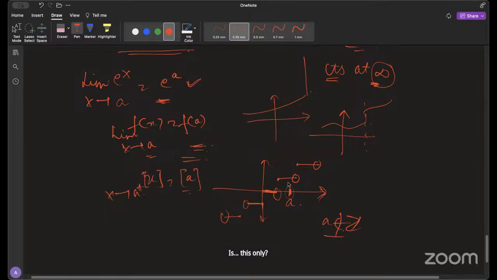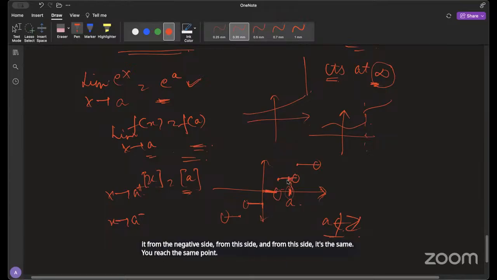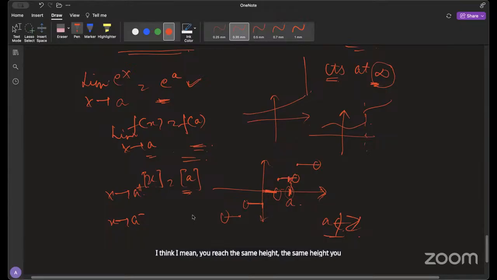When you approach this point from here, you'll have the function's value approaching this, right? So in the case when you take a to be a non-integer, it's this. And when you take it from the negative side, from this side and from this side, it's the same. You reach the same height, right?